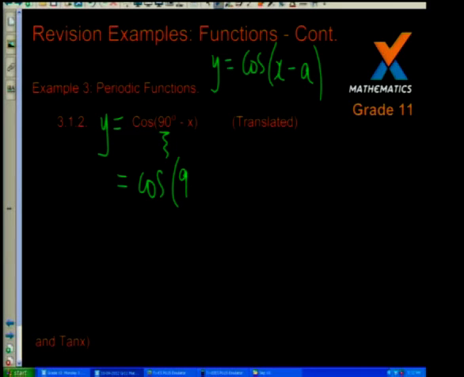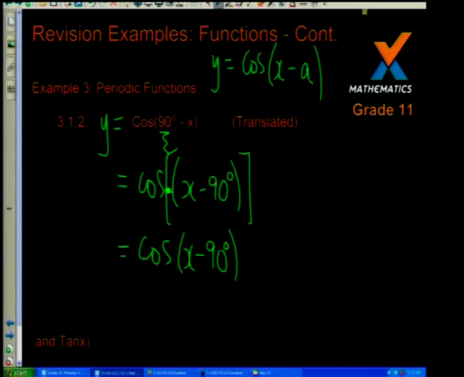If I want to write it as x minus 90 degrees, I will have to make sure that there is a minus outside that bracket. So it's like I've got cos of minus an angle. Cos of minus an angle ends up being the same as cos of that angle.